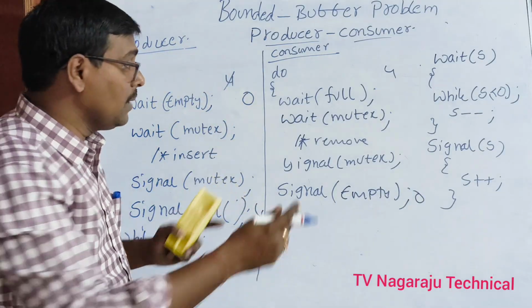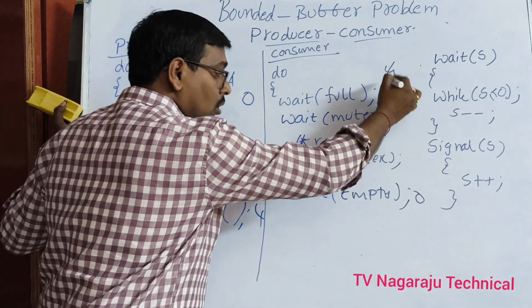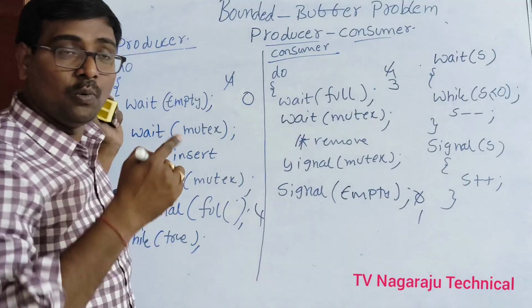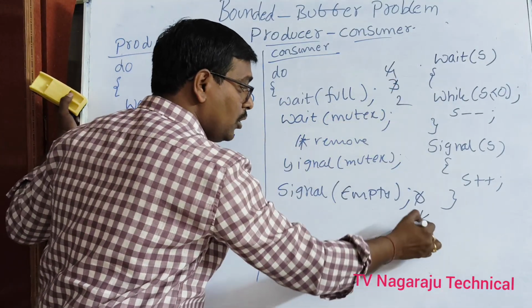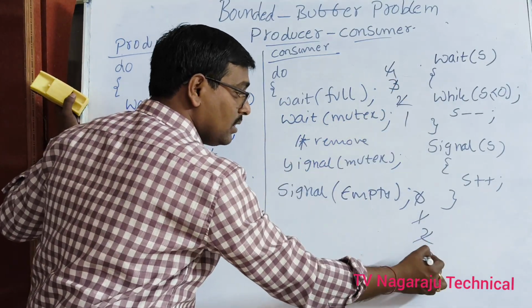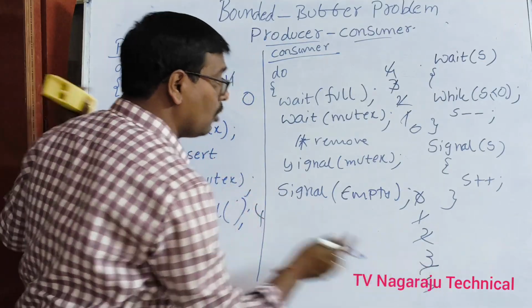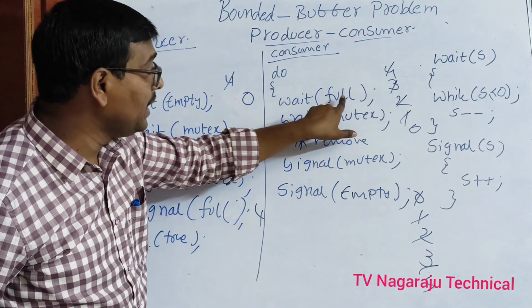For the first removal, full is equal to 3, empty is equal to 1. Next 2, 2. Next 1, 3. Next 0, 4.